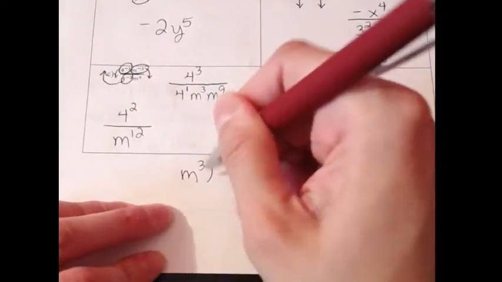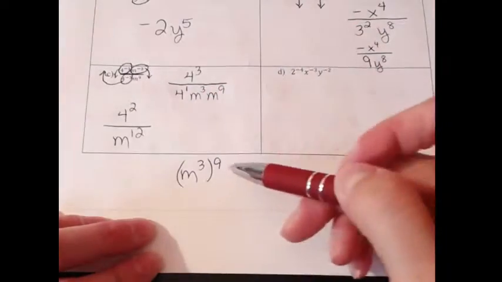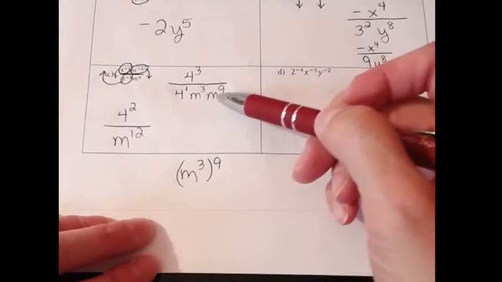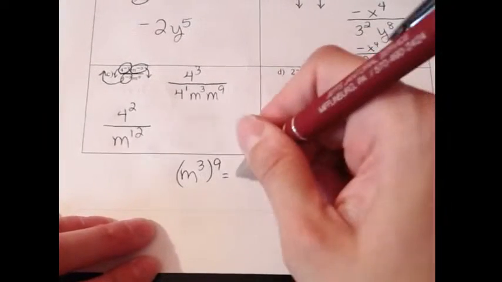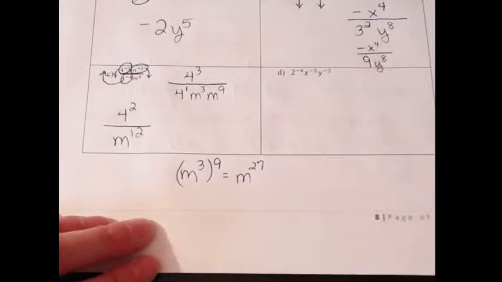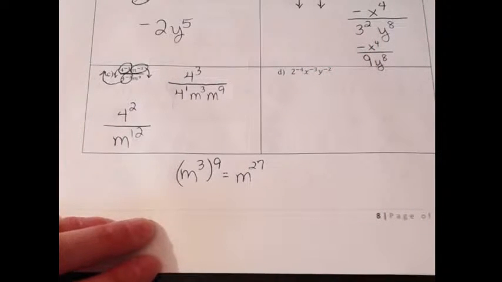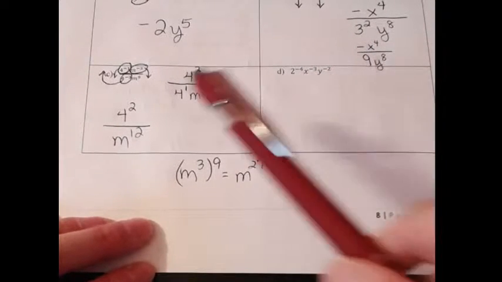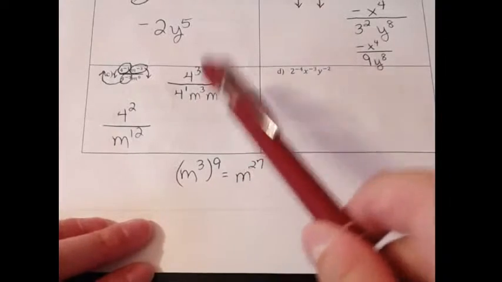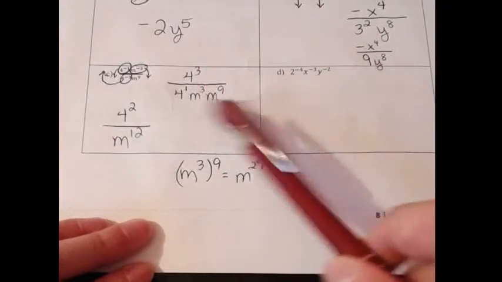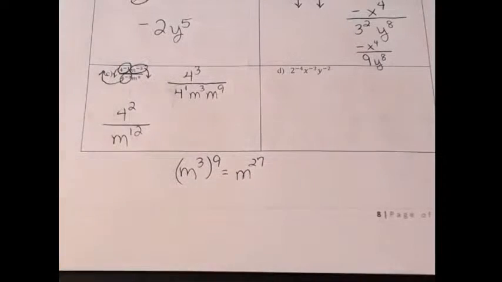If you have m to the third to the ninth, that's very different from m to the third times m to the ninth. For this one, we'd actually apply the power rule. 9 times 3 is 27, power times power. But here, it's just m to the third times m to the ninth, so you keep the base and you add the powers. I hope that distinction is helpful to you.